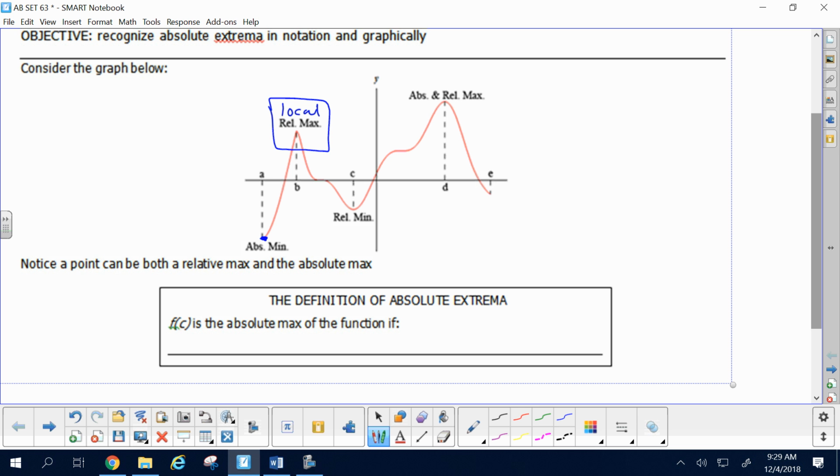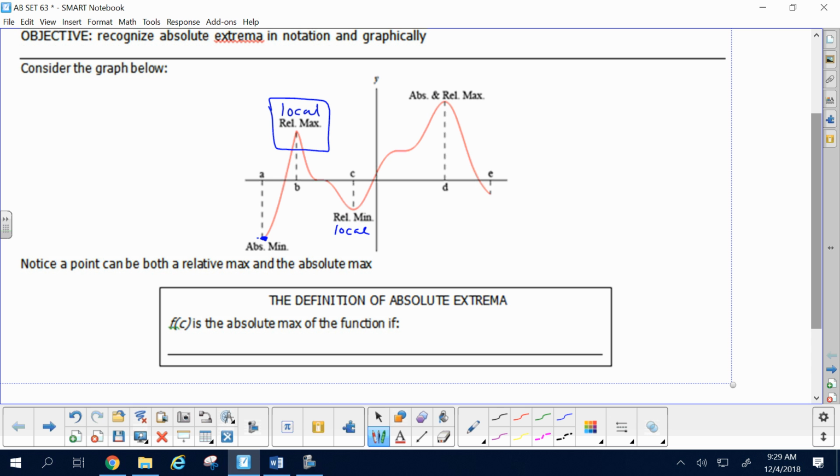That's an inflection point. It's slow, but that doesn't have to do with the extrema. Let's go down to this guy. Point C is a relative min because it's lower than other points in its area. But it's not the absolute min because there's a point that's lower, right? Again, I'll remind you, local and relative are interchangeable.